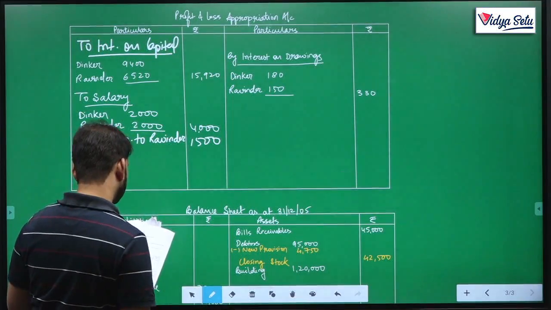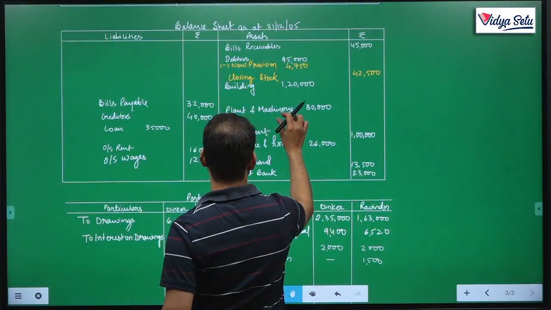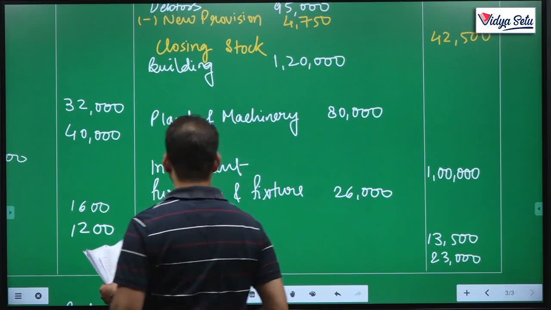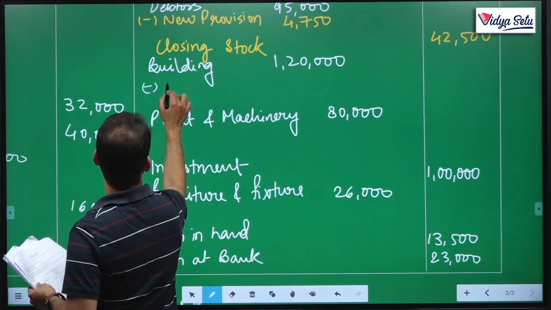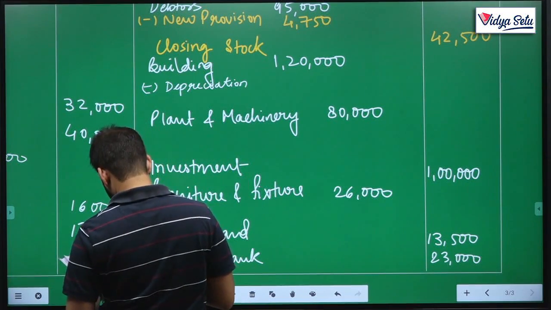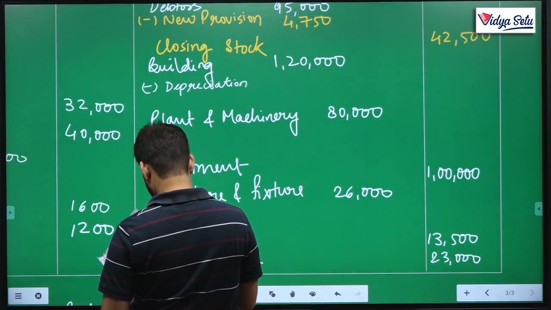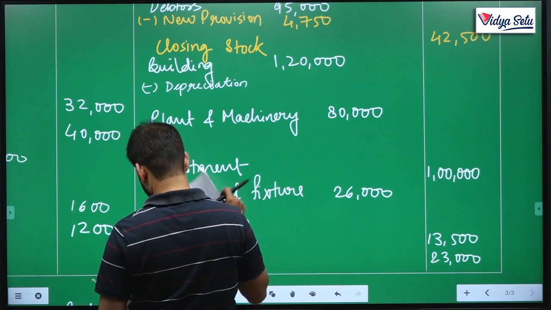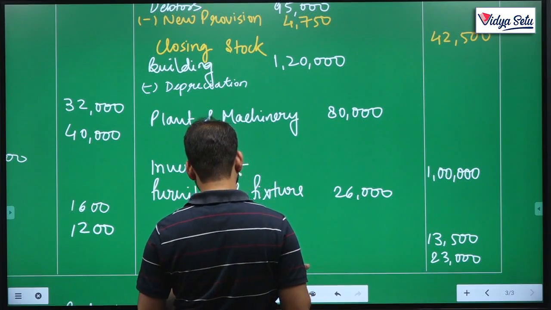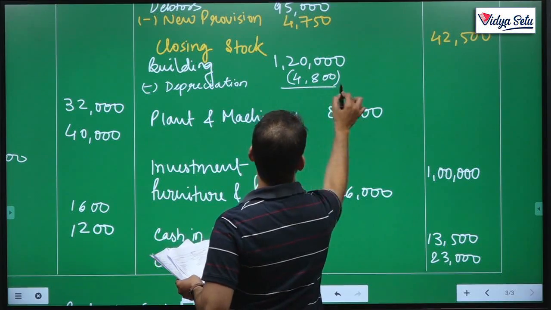Then depreciation on building 4%, plant and machinery 6%, furniture fixture 5%. So first let's give the effect in our balance sheet. I am just zooming the asset side here. Depreciation comes to 4%, 4,800.